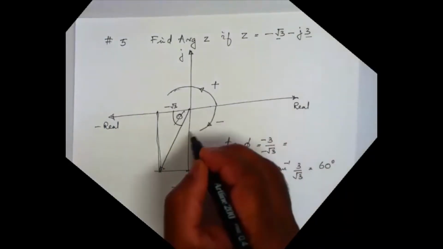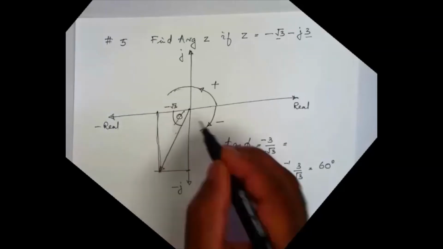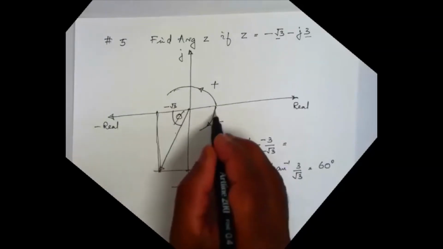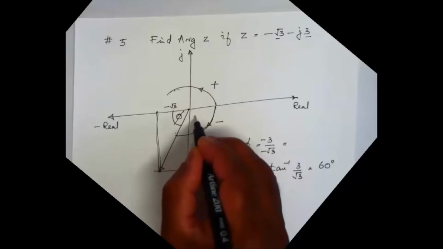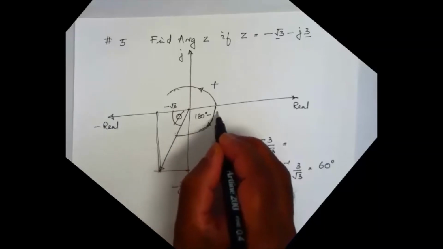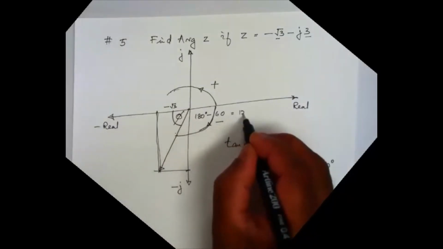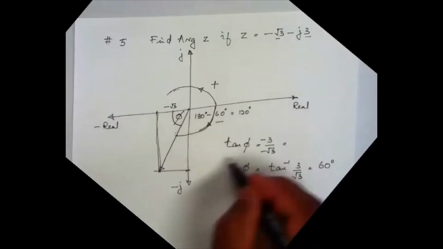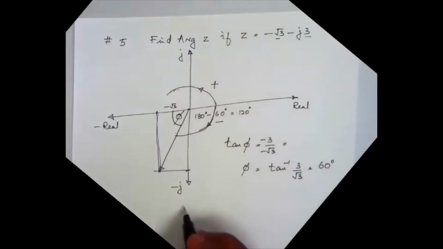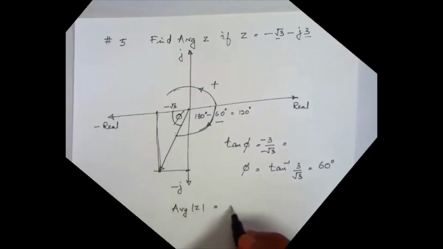So in the negative direction, this is 60, but this angle will be 180 degrees minus 60, so it will be 120, but 120 in the negative direction. So we say argument z in this case is negative 120. So that's the answer there.